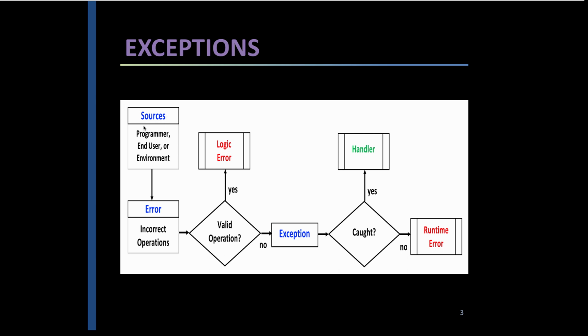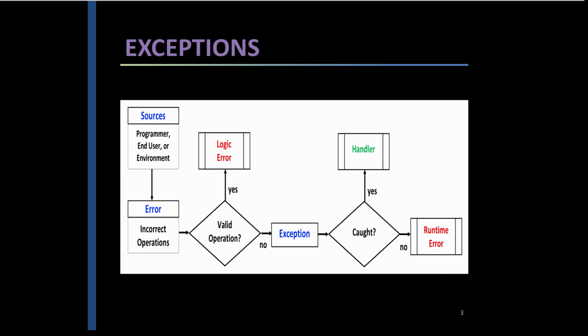So the story starts with a troublemaker, if you like, that triggers an incorrect operation. It could be the programmer. The programmer could be telling the CPU to divide an integer by 0, could be telling it to read a file from an SD card that the end user removed from the phone.